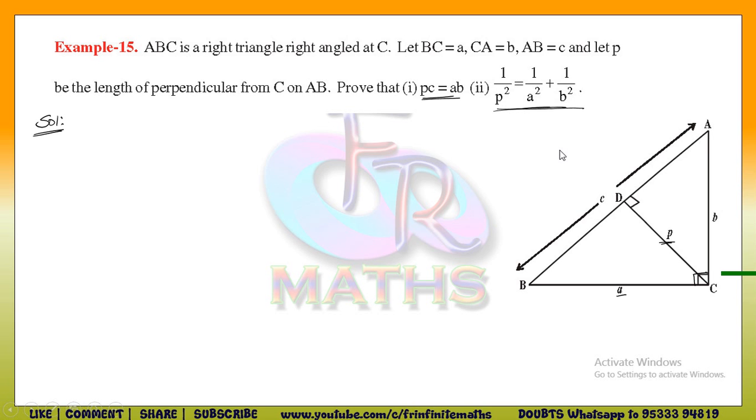There is one more possibility, that is nothing but BA, which is AB, can be taken as base, then CD becomes height. There are totally three possibilities. You can take any of the sides as base, then automatically you have its corresponding height.